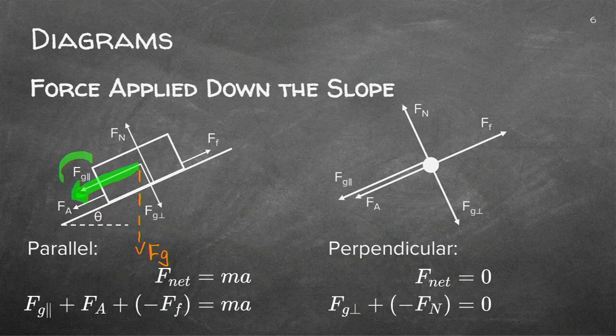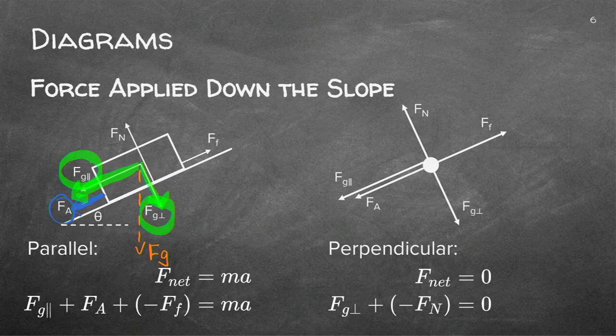Can you see it's the parallel? And I've got this component here, which is the perpendicular. Okay, so this force is pulling it down. Therefore, the parallel would be in the downward direction. Now we've got the applied force. Can you see that angle there? That arrow is the applied force.